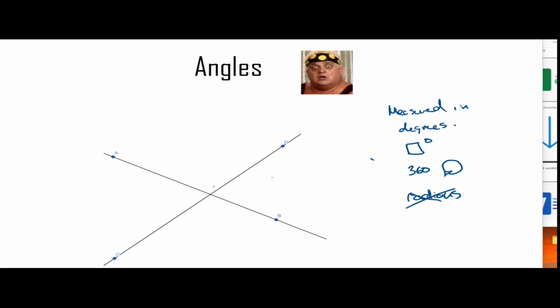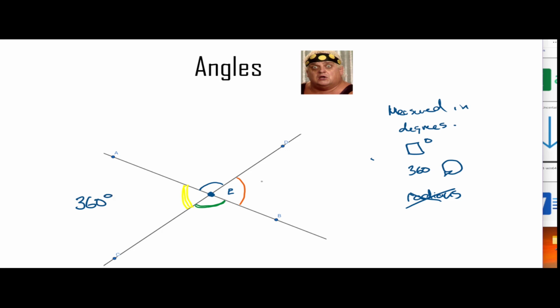So all the way around is 360 degrees. So this means that angles coming from a point, let's call this point E, this angle here, plus this angle here, plus this angle here, plus, oh, it's another one, yellow, this angle here, they add to 360 degrees.